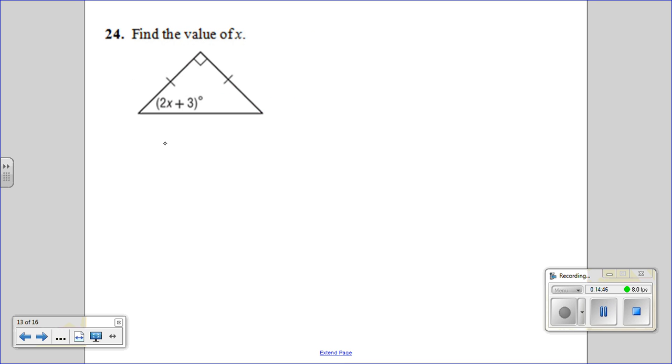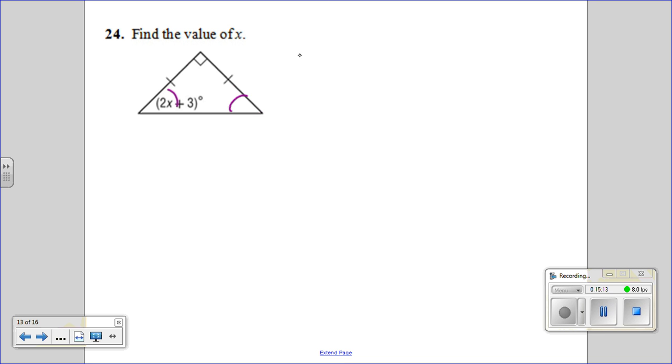Number 24 wants us to find the value of x. This is an isosceles triangle because both of these sides are equal. And then it tells us that 2x plus 3 is the corner angle. Well, on an isosceles triangle, the angles that are opposite the congruent sides will be the same.